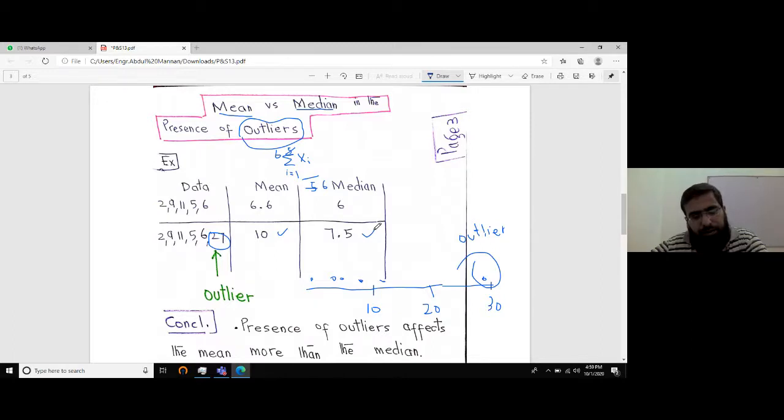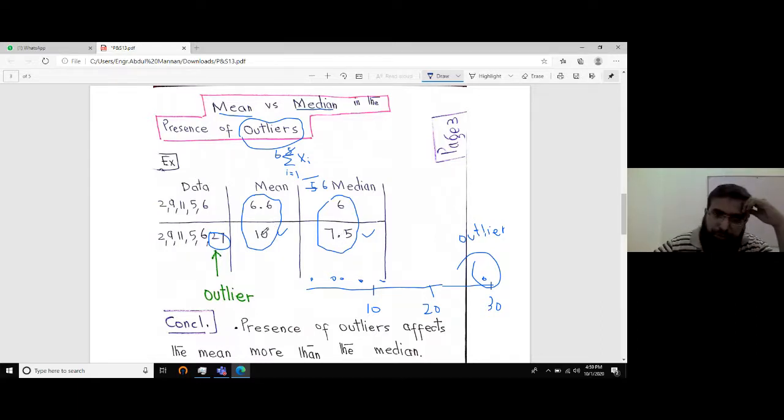This means that the variation in the mean is large when we introduce an outlier compared to the variation in the median. With the presence of the outlier, the change in the median is only 1.5, whereas the change in the mean is 3.4, from 6.6 to 10.